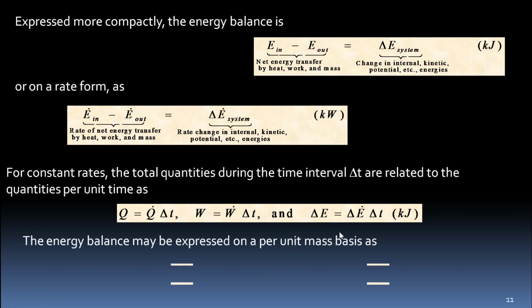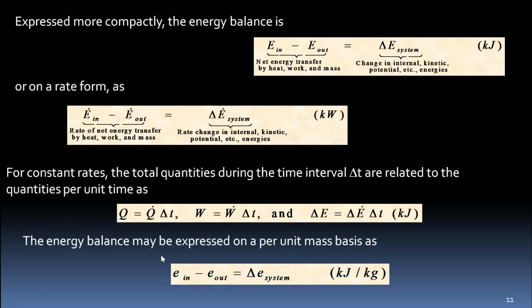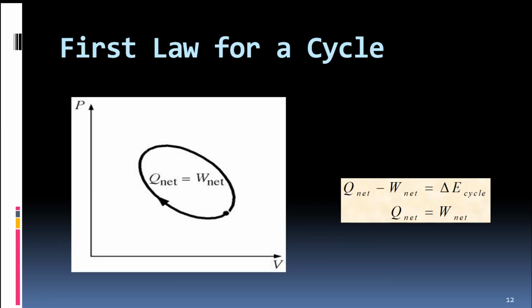So on a per unit mass basis, you can write the energy balance. Lowercase e is used for specific energy. It is commonly known as specific energy per unit mass. Total energy per unit mass is termed as specific energy. So you can write like this, in kilojoules per kilogram.